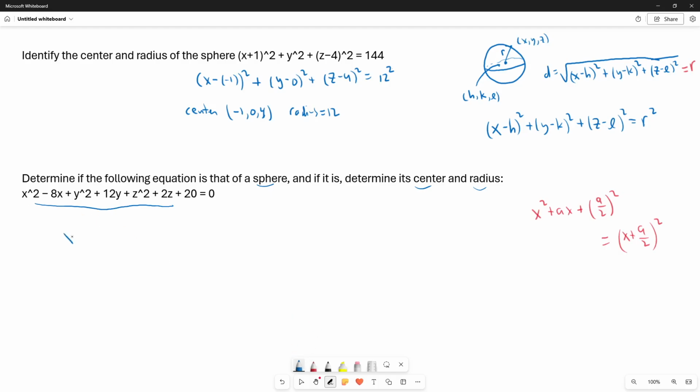So we have here the x terms, x² − 8x. That has this form. And then we have y² + 12y. That also has the same form, but with a variable y instead of x. And we have plus z² + 2z.